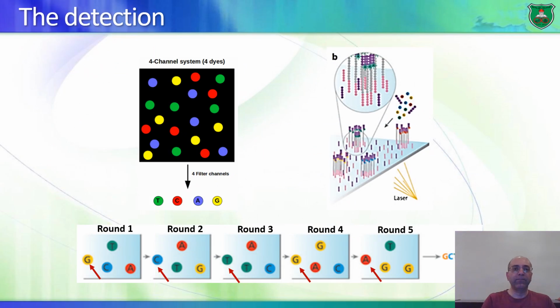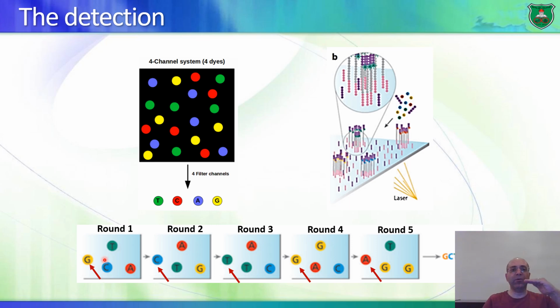Now, let's say that this is part of the solid platform, slide, or whatever. So we have round one. Let's say that we add the nucleotides. To this cluster, a G is added. To this cluster, a C is added. To this cluster, a T is added. To this cluster, an A is added. And each one of them gives us a certain color.